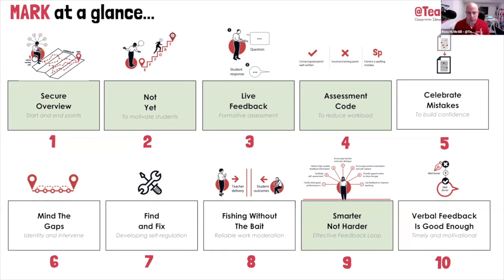The not yet is a great motivational strategy to write or to speak to students. The live feedback, lots of strategies in the moment. I'll come back to the term assessment shortly. Marking codes, you know, what symbols do we use in our classrooms? How do we use them, and do we teach our students to understand them in order for our feedback to be successful, is something I'll mention.